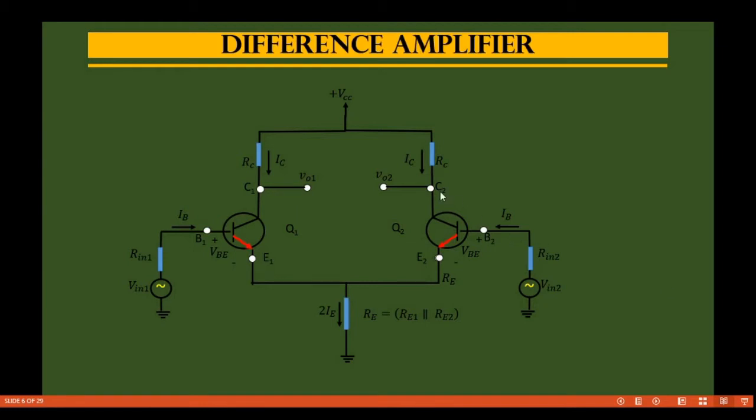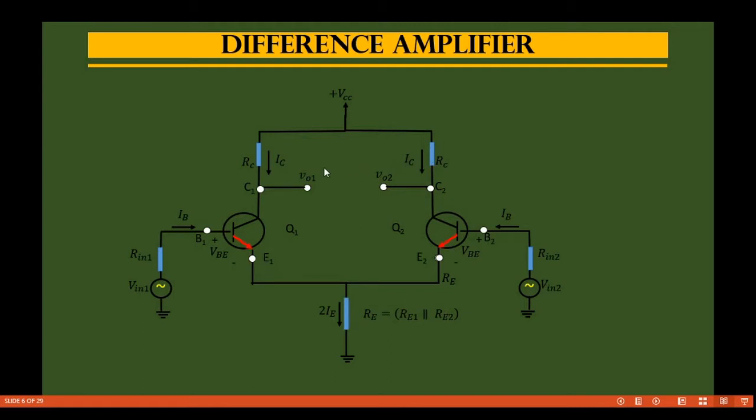In this diagram we can see that the collective emitter current is the sum of the emitter currents passing through transistor Q1 and transistor Q2. So the output that we will obtain at the collectors C1 and C2 will be the difference between the outputs.